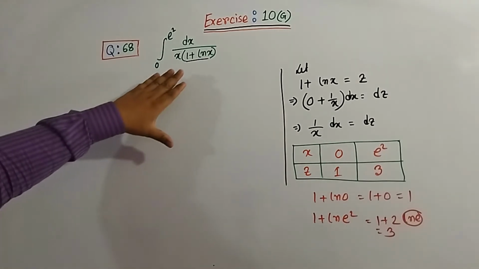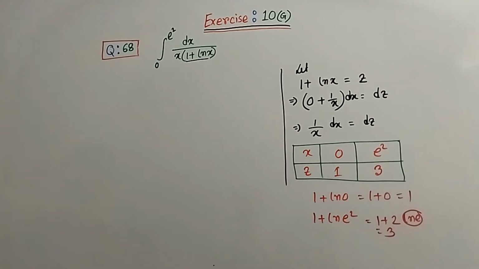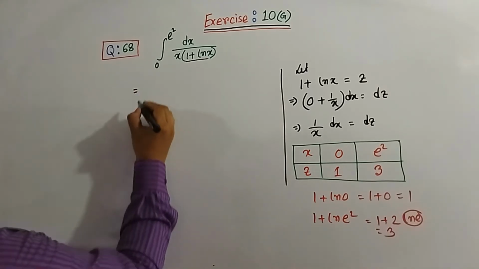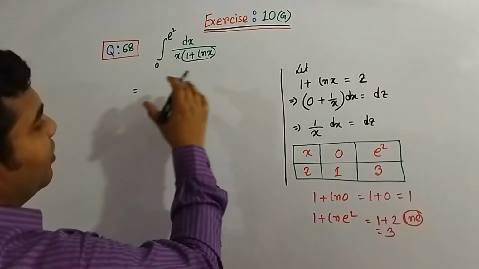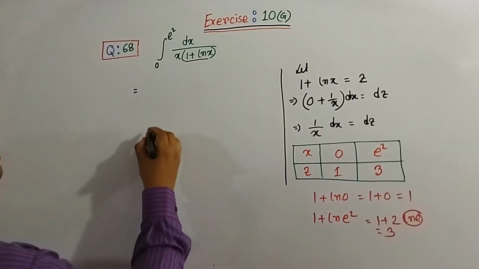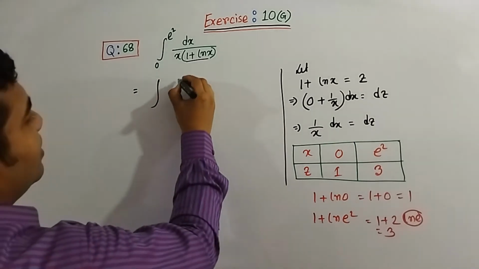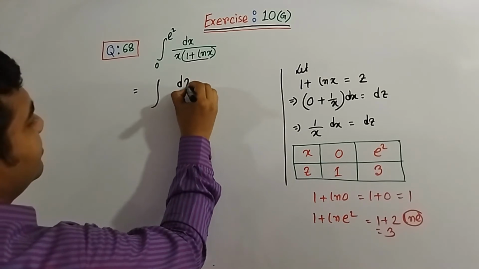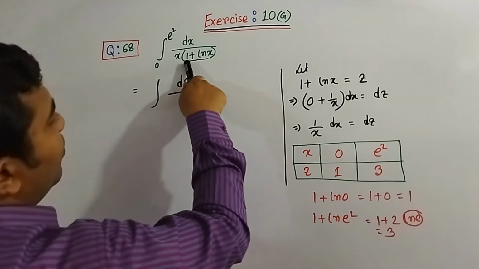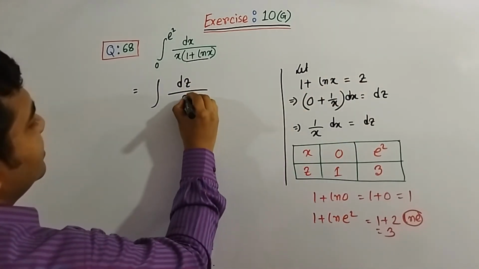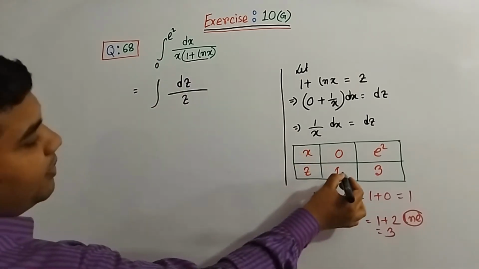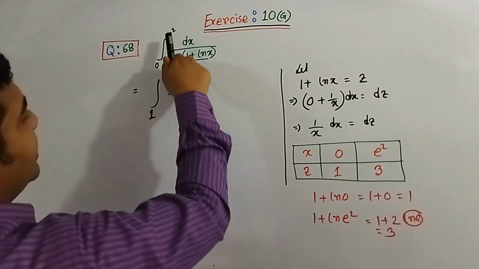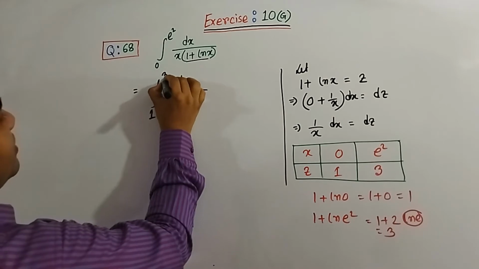So now if we calculate this part, after putting all of the values for z in place of x, we get dx over x is dz over 1 plus ln x is z. 0 will be replaced by 1 and e square is replaced by 3.